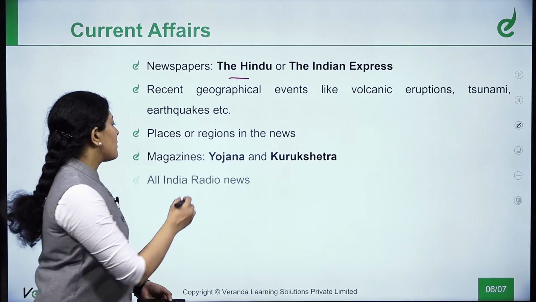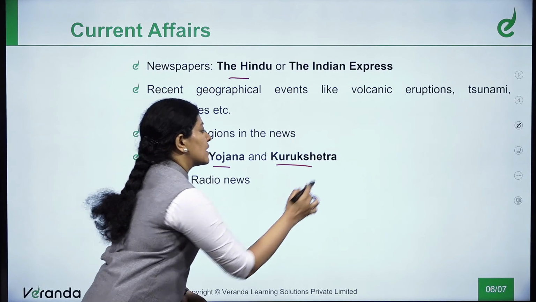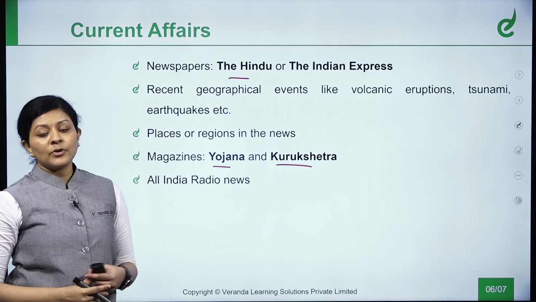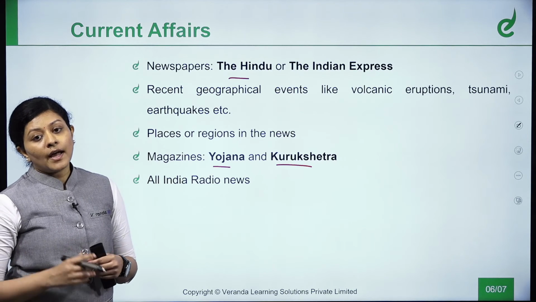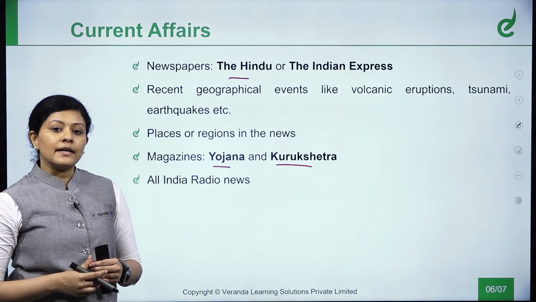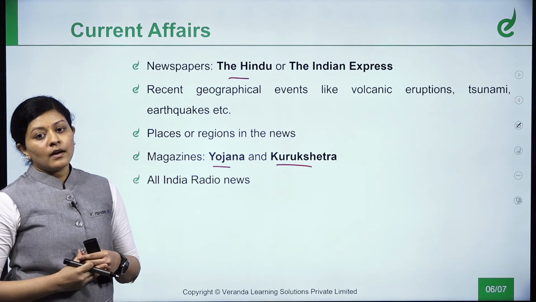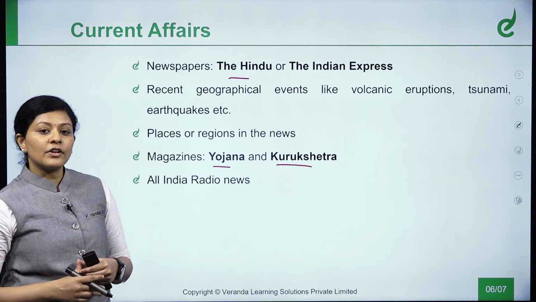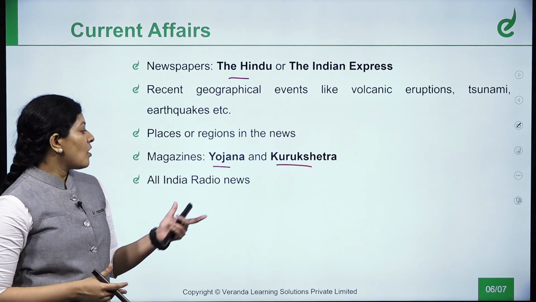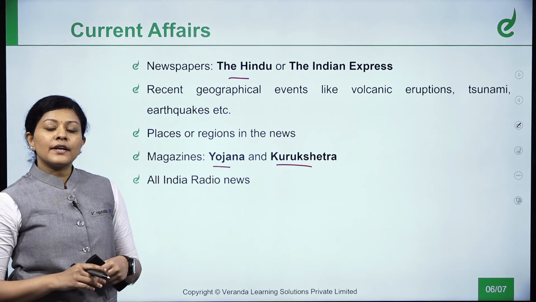Also stick with magazines such as Yojana and Kurukshetra. These two are Government of India publications. They talk about important schemes and programs implemented by India and viewpoints on certain programs across India. So these two are important from your preparation point of view. Also you can stick to All India Radio News.